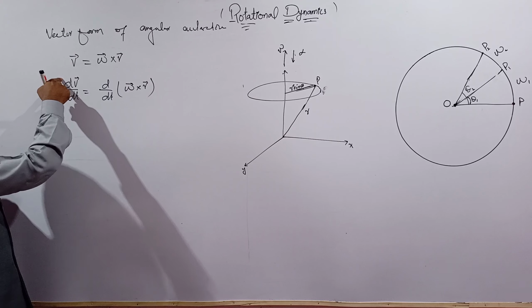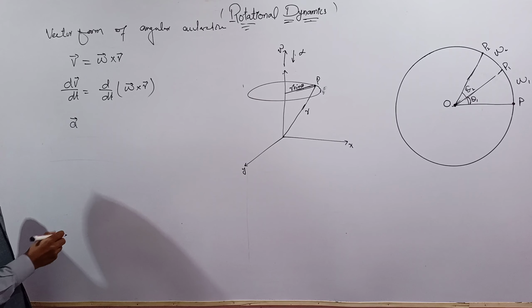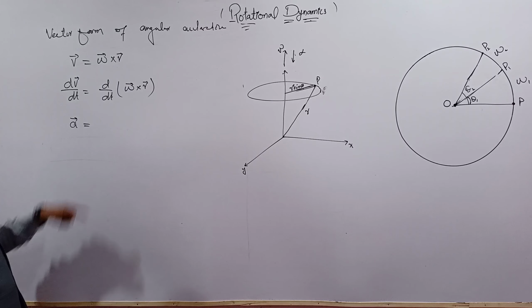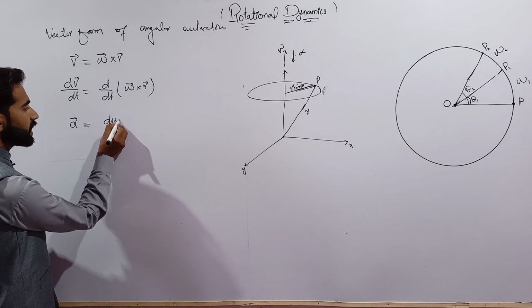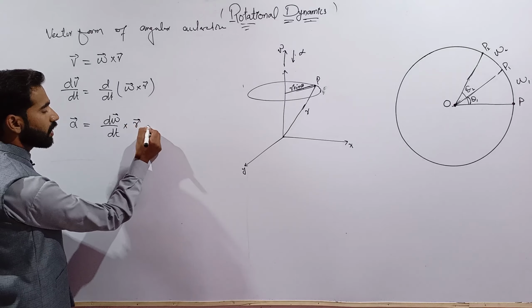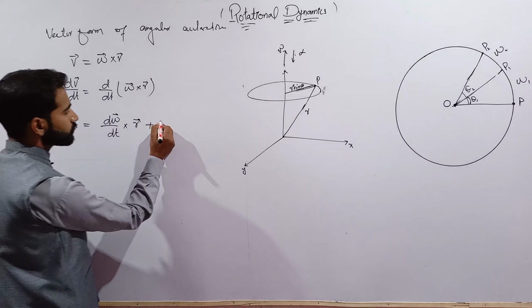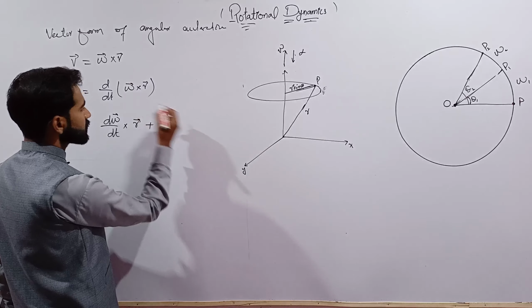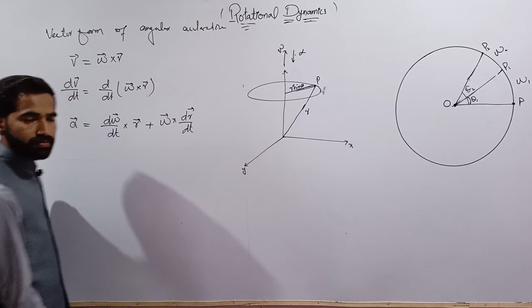As we know, dv over dt is linear acceleration a, and by the product rule a is equal to d omega divided by dt cross r plus omega cross dr divided by dt.